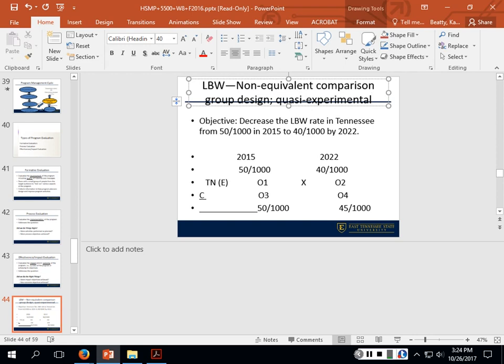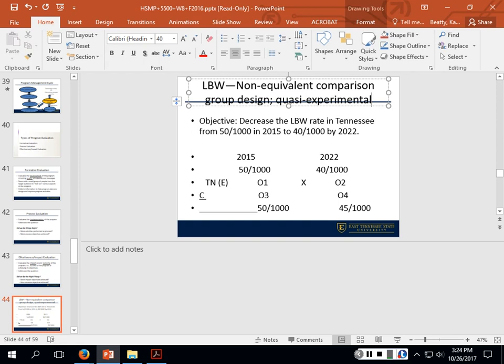Okay. So this design, again, it's not the gold standard, it's not a perfect design, but it is an acceptable design when randomization is not possible due to ethical factors or logistical considerations.